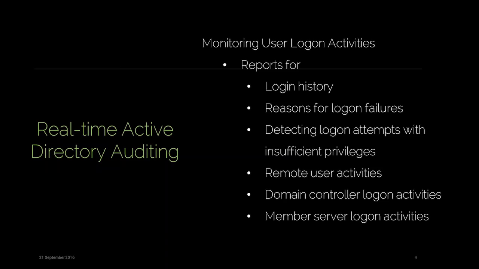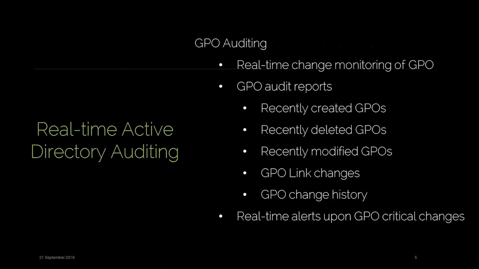Also, if the account got locked out, the tool can tell you the reason for the lockout and from which machine the account lockout happened. So these are all the reports that we have under the login category.